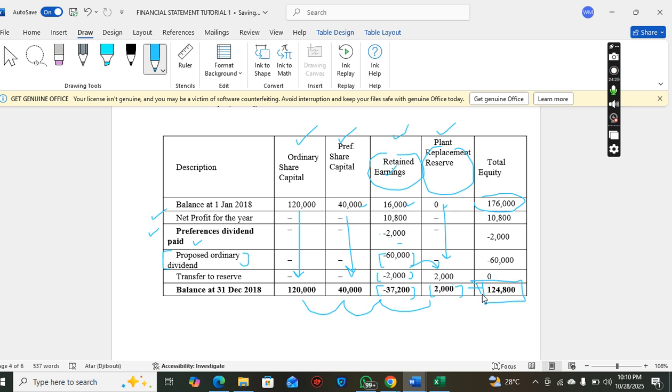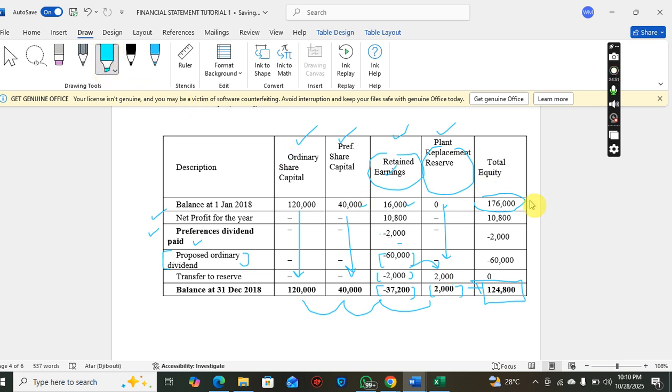So in the balance sheet, under the equity section, ordinary share capital will have 120,000. Preference share capital will have 40,000. Retained earnings, negative 37,200. Plant replacement reserve, 2,000.